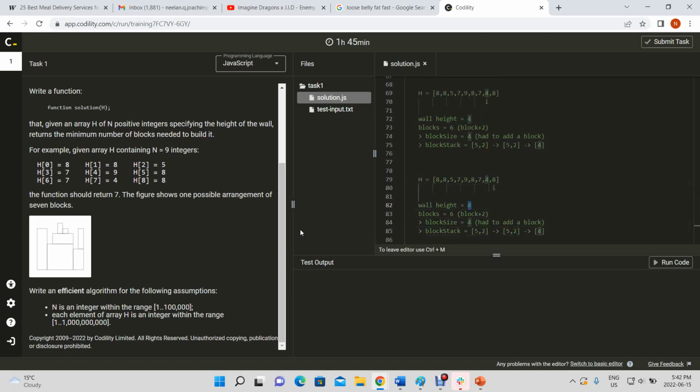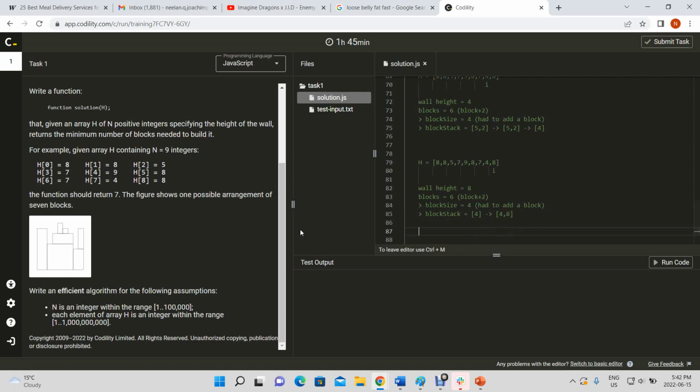The wall height is 8. And our blocks stay at the same number at 6 because we're not popping anything out. The block size is also 4 because we're stacking it on top of our existing block. And then we would be left with a 4, 8.